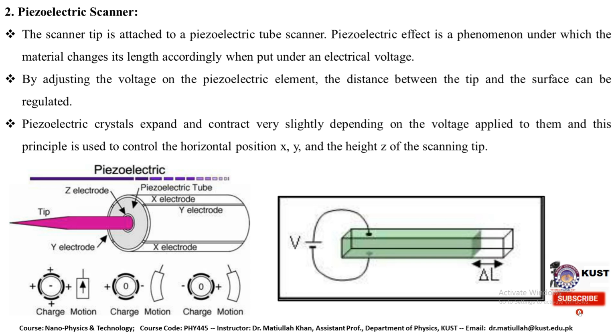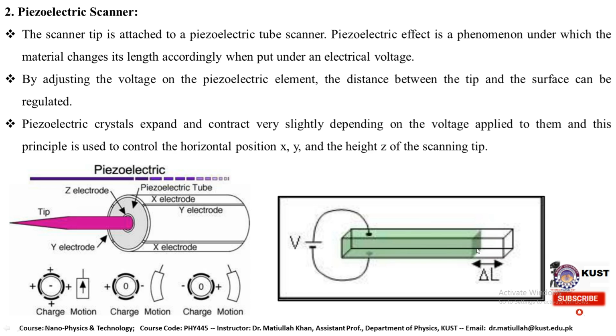So the scanner tip is attached to a piezoelectric tube scanner, and the piezoelectric effect is a phenomenon under which the material changes length accordingly when put under an electric voltage. So the current is produced due to the tip, and this current can be detected with the help of the piezoelectric tube, and that creates the length changes accordingly.